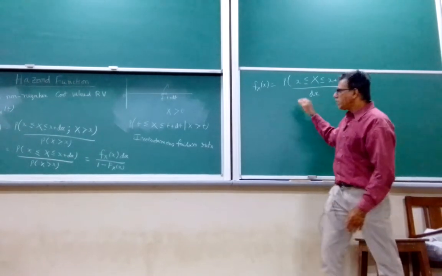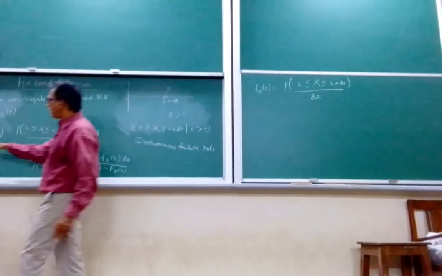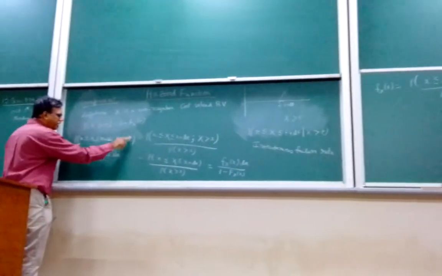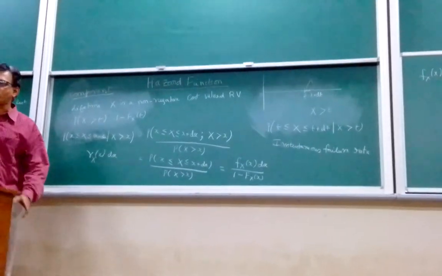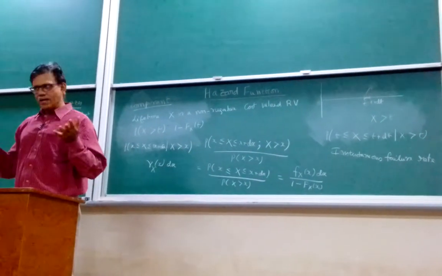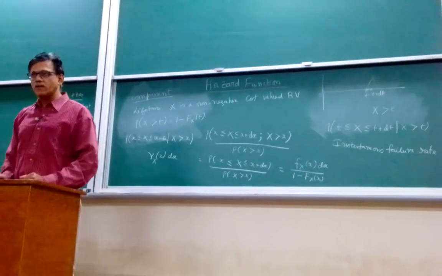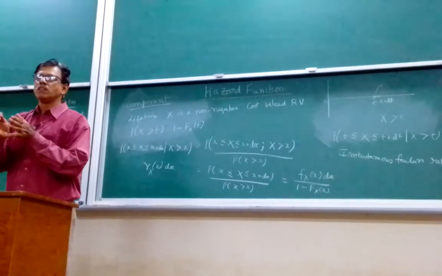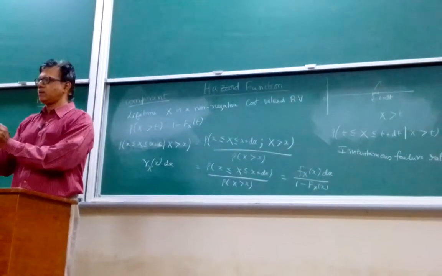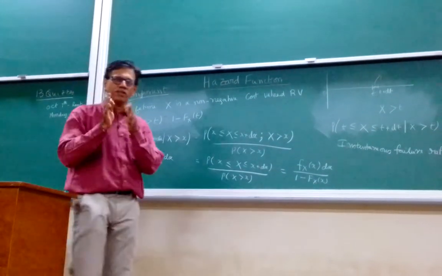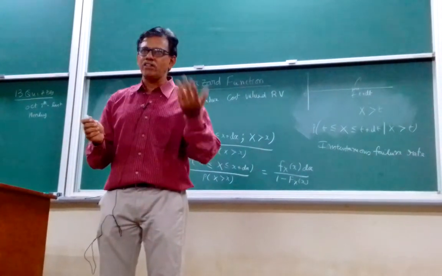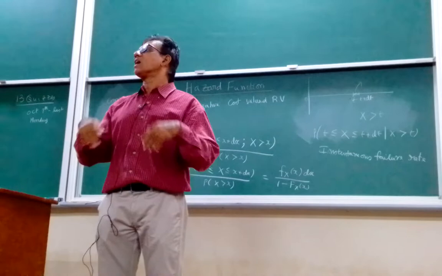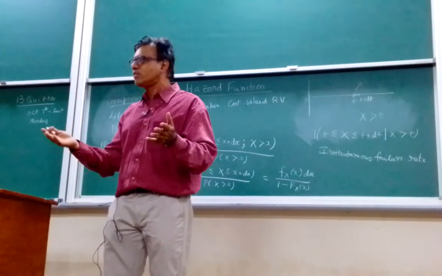In a similar manner, this is a conditional density function. We have looked at the conditional density function earlier, conditioned on an event, or conditioned on the value taken by the random variable. Conditional CDF, everything we have discussed.